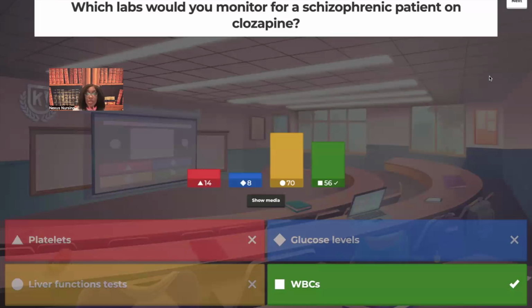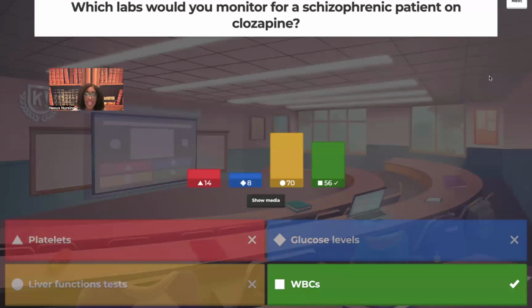Now, with that being said, 70 percent of you guys went with liver function tests, and I know why. Because for every drug, you're always concerned about the liver because the liver is what's responsible for metabolizing these drugs. I get it.